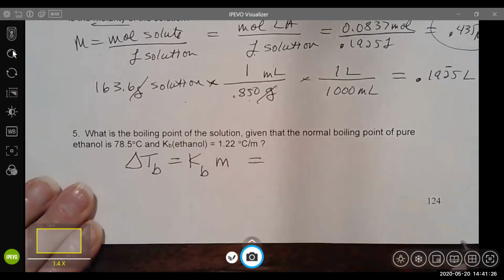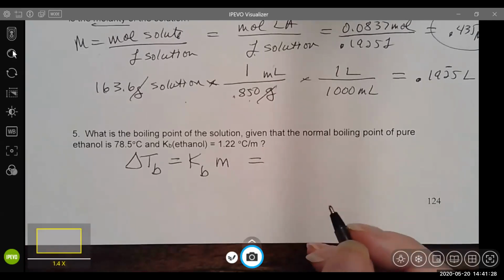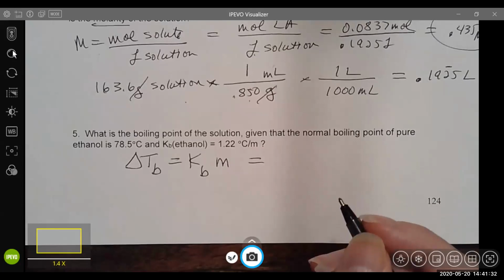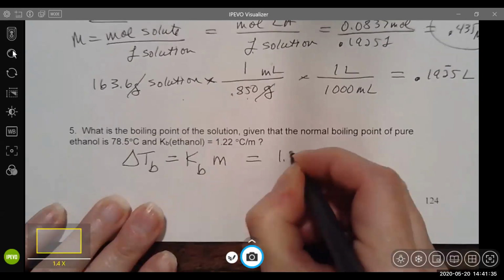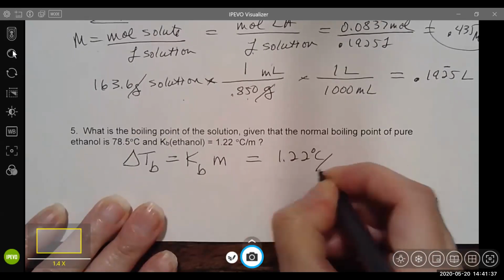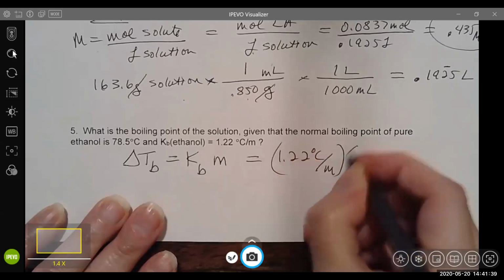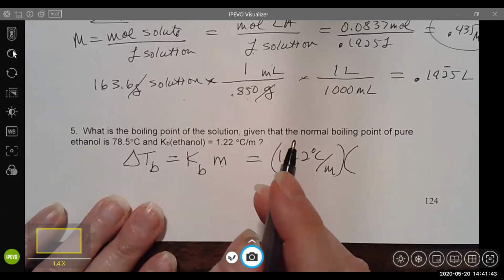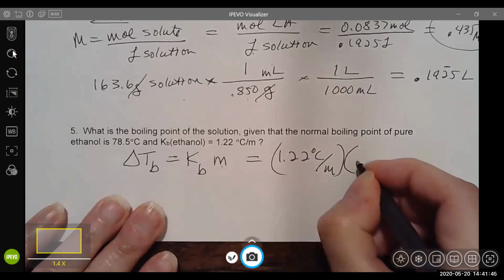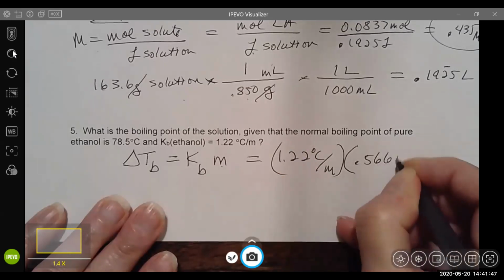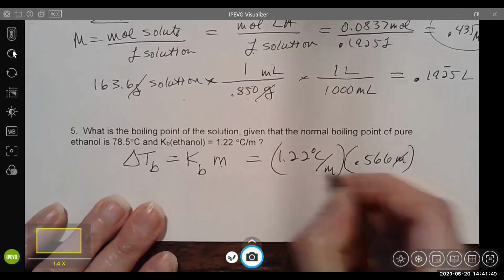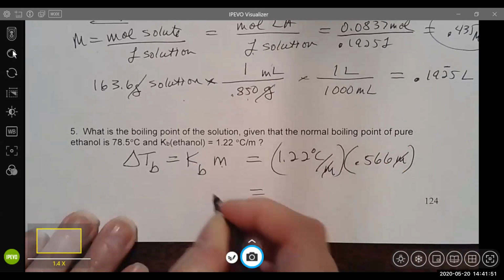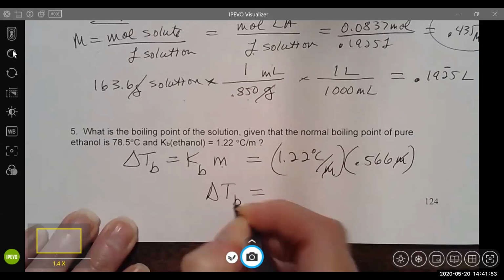For this example, the boiling constant is given as 1.22 degrees Celsius per molal, and the molality we calculated in question 1 as 0.566 molal. Cancel those units.